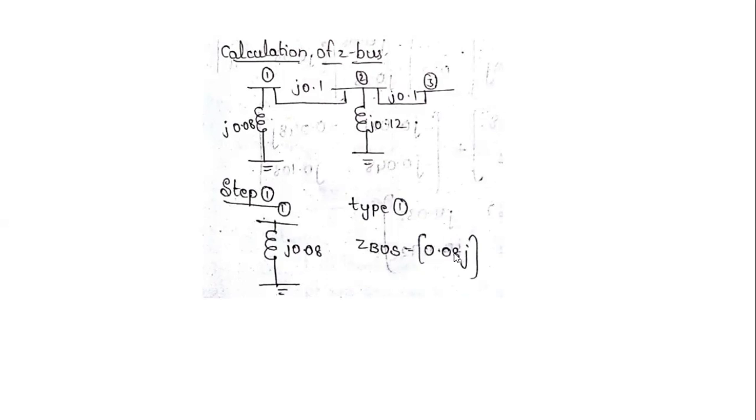In a type 1 modification, the Z-bus is equal to Z-bus old, 0, 0 and ZBR.